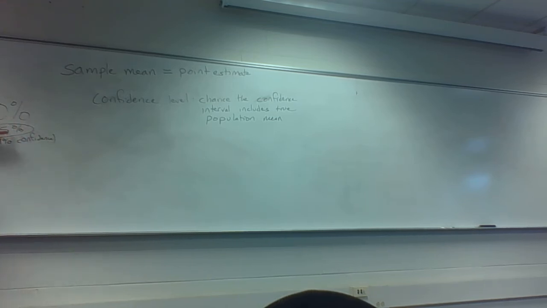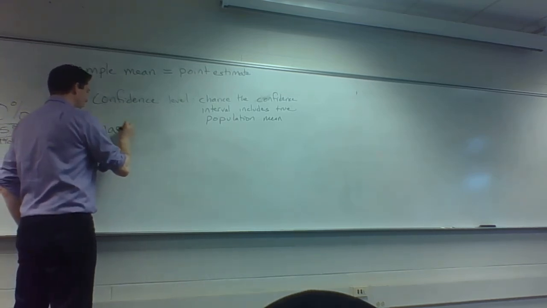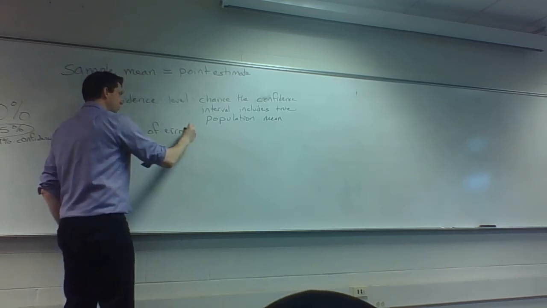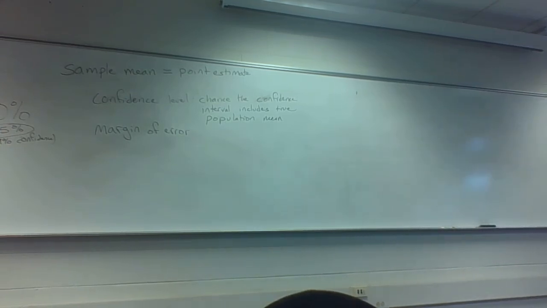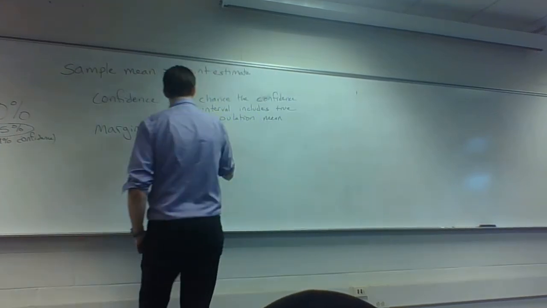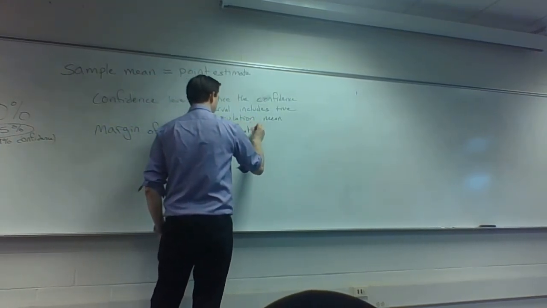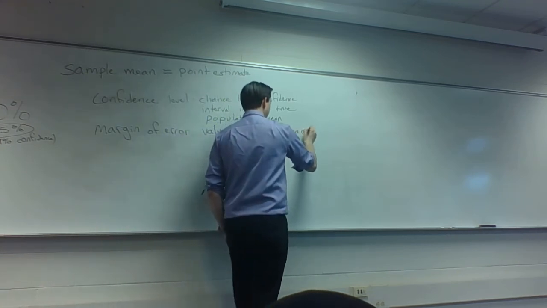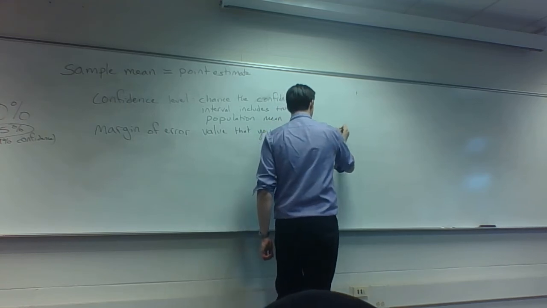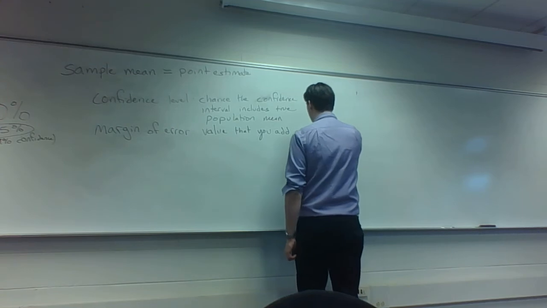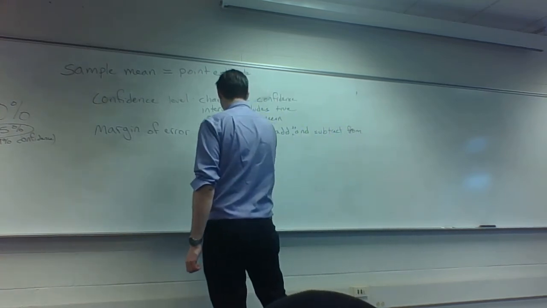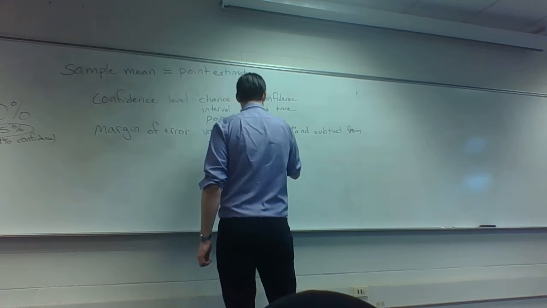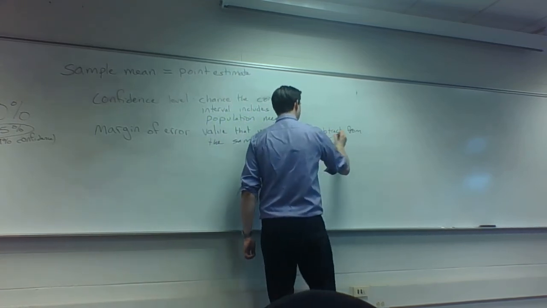This number is what we call the margin of error. It is the value that you add to and subtract from the average to get your confidence interval.